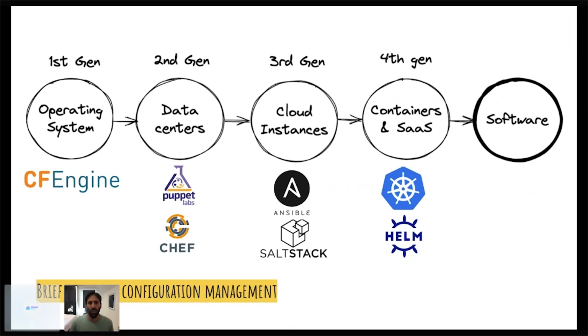Ansible cared about the provisioning and therefore knew all the systems in the environment, and Salt had a better subscription approach and discovery service for machines. So Salt could know the machines that are coming and going. And then we entered the era of containers, and we started to see tools like Kubernetes and Helm, and Terraform for SaaS services.